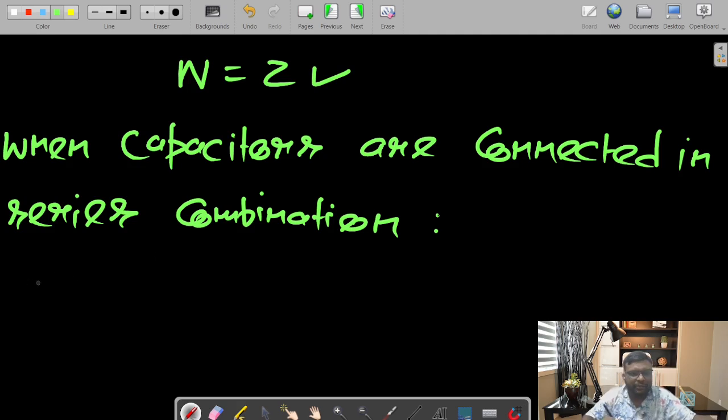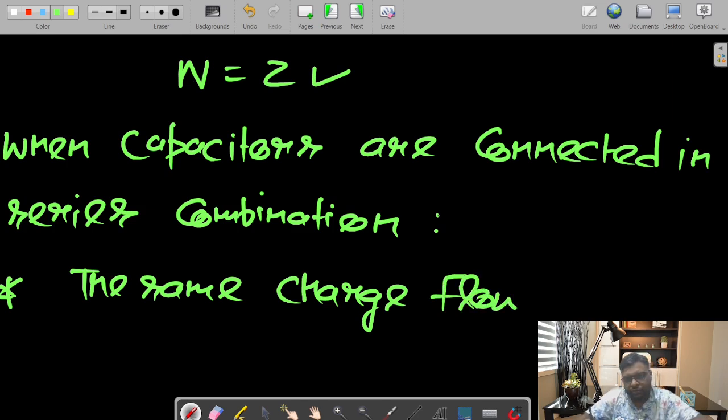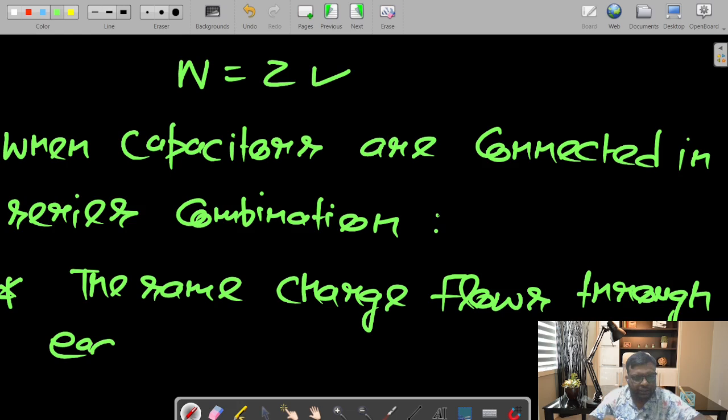I am writing all those important concepts in points. The first is the same charge. What is the same charge? The same charge flows through each capacitor.